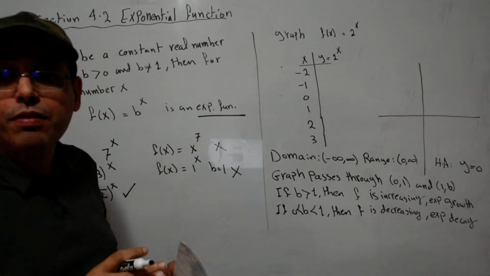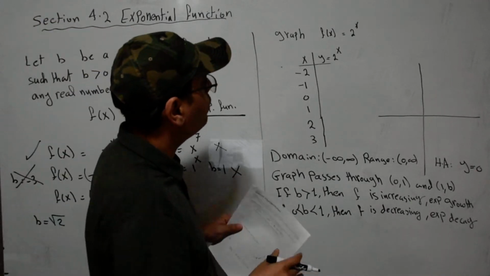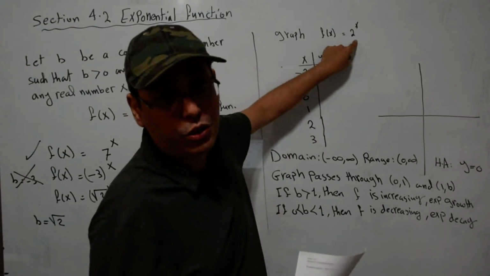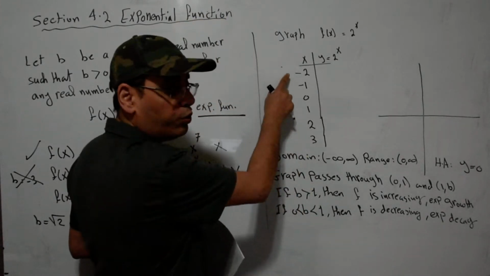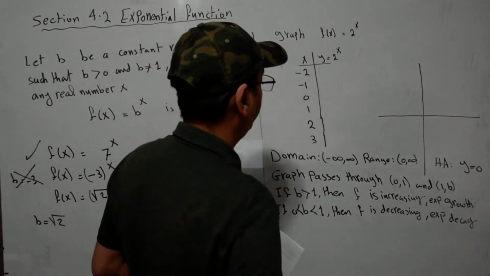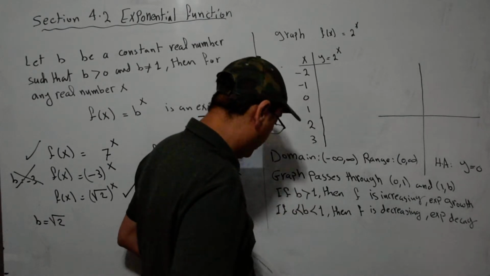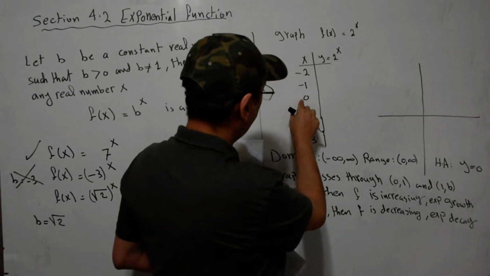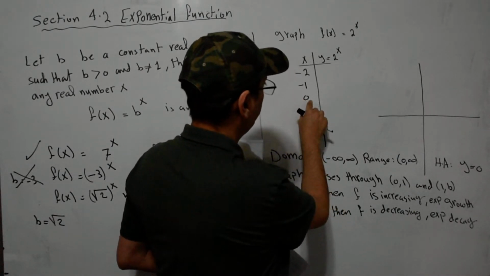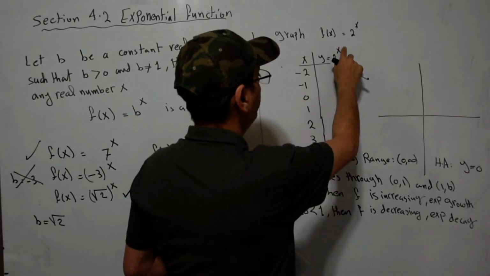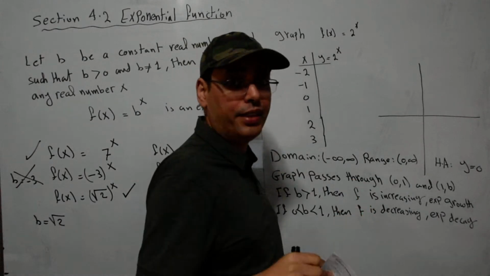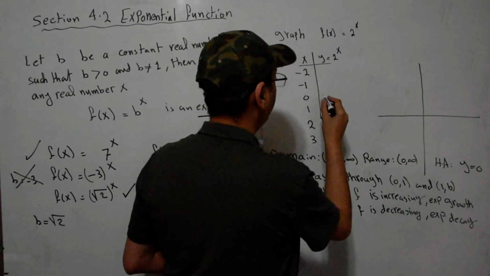Now we are going to graph an exponential function where b is 2. First of all, we have to fill that table. In order to fill that table, I would start with 0 because this is the easier way. 2 to the 0, anything to the 0 is 1.